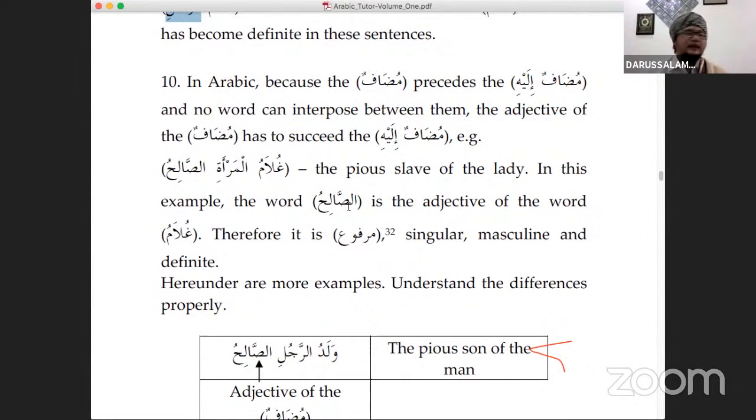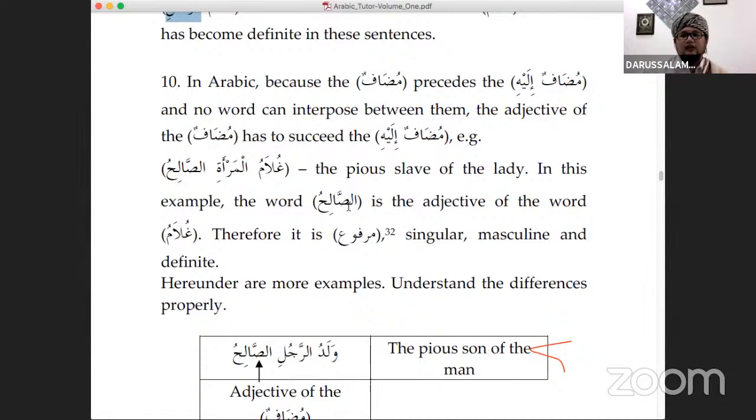Okay. Number 10. It says, because the mudaf precedes the mudaf ilayh and no word can interpose between them, the adjective of the mudaf has to succeed the mudaf ilayh. Okay?